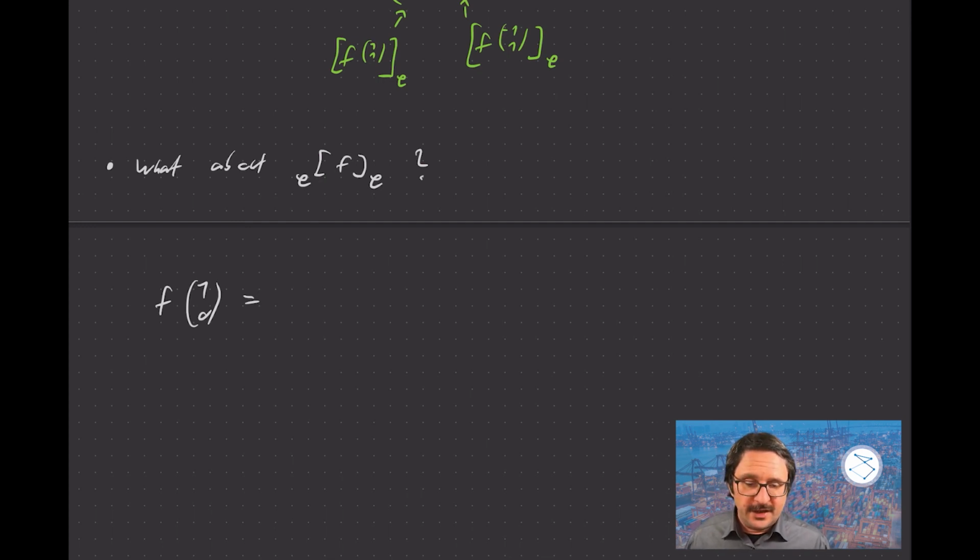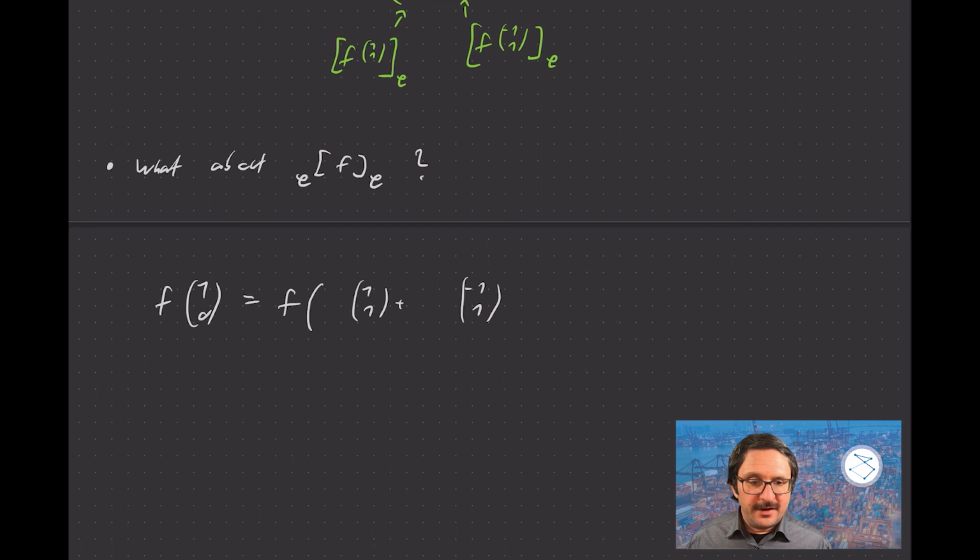So we need the image of (1, 0). We know the images of (1, 1) and of (-1, 1), so we have to get back to those values. To this end, we have to represent (1, 0) through the vectors (1, 1) and (-1, 1), because we know the images of these.